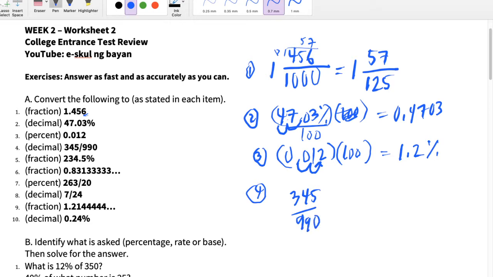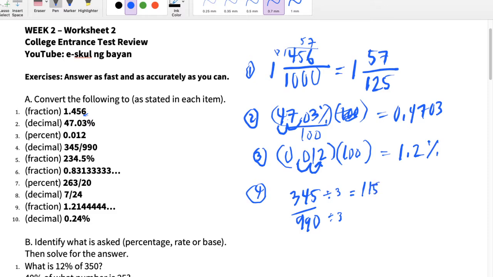You can choose to divide the numerator 345 by 990 using long division o kaya pwedeng i-simplify mo muna. Okay, so this is divisible by 3. Actually, by 15. So, isa-isahin muna natin. Divisible by 3 yung numerator and denominator mo. That would be equal to 115.